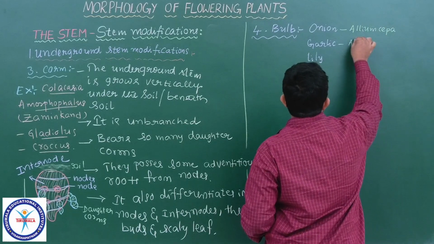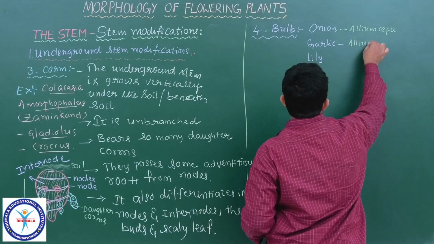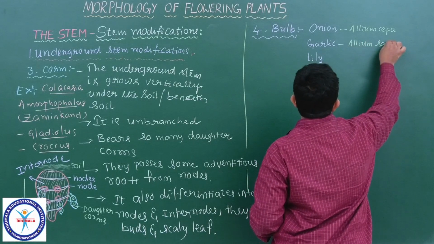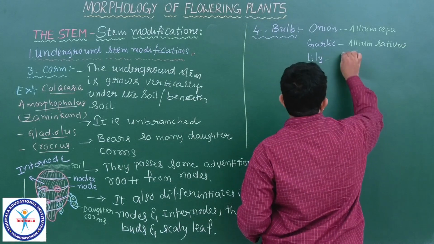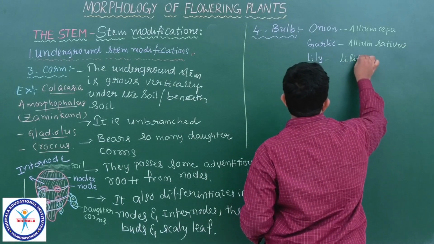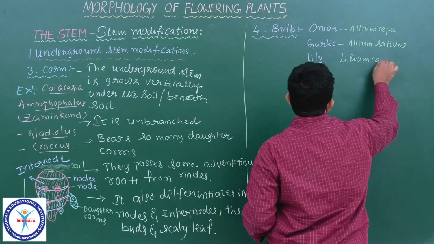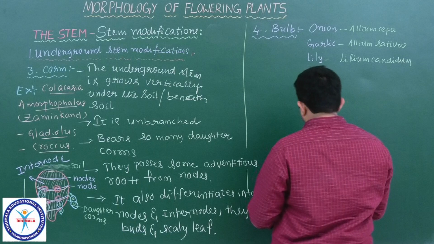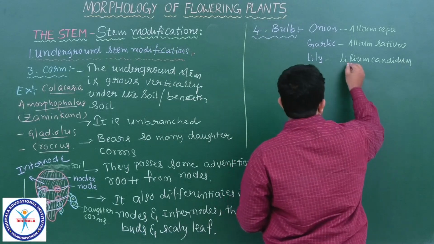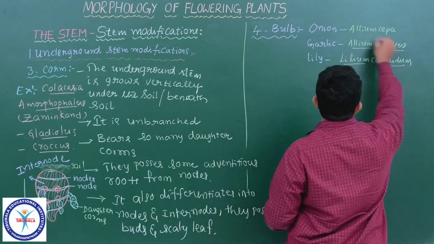Garlic, scientific name Allium sativum. Lily, Lilium candidum. All these are the scientific or botanical names of these different plants.